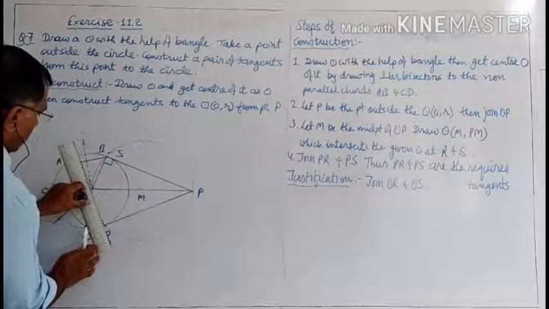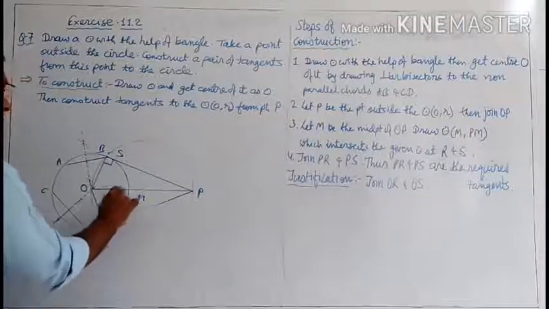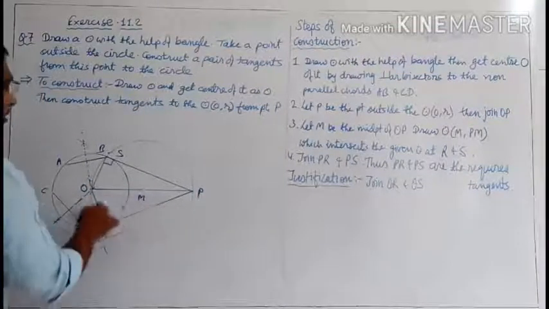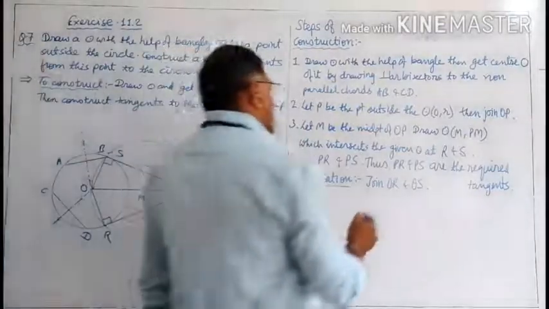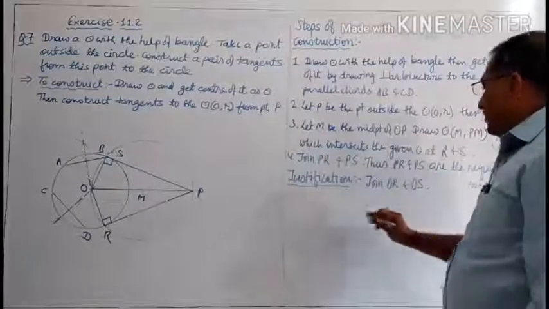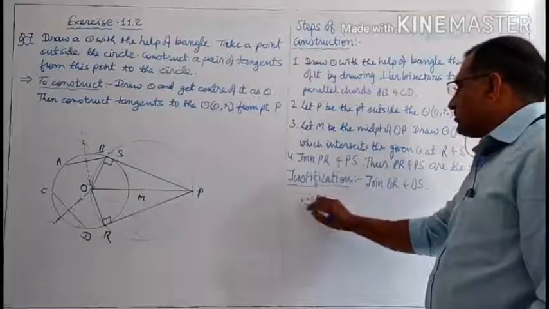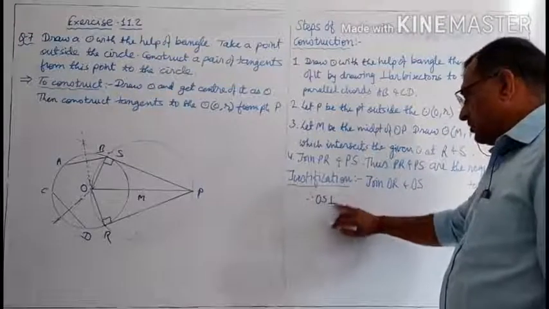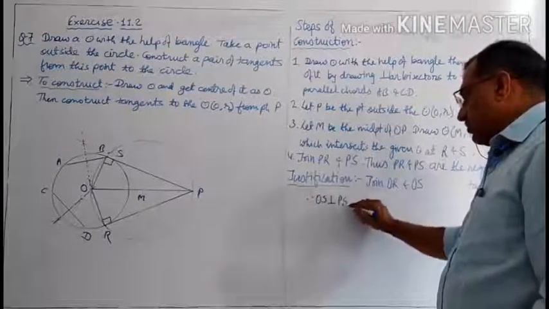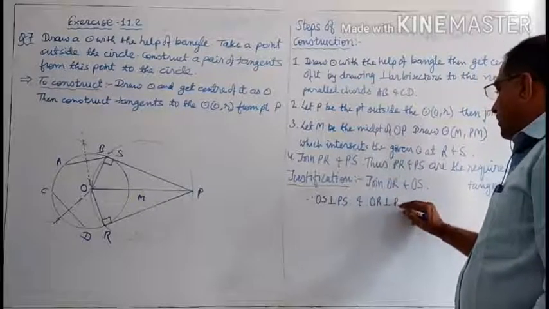Same way, OS also forms a right angle because it is an angle inscribed in a semicircle with diameter OP. Therefore OS is perpendicular to PS and OR is perpendicular to PR.